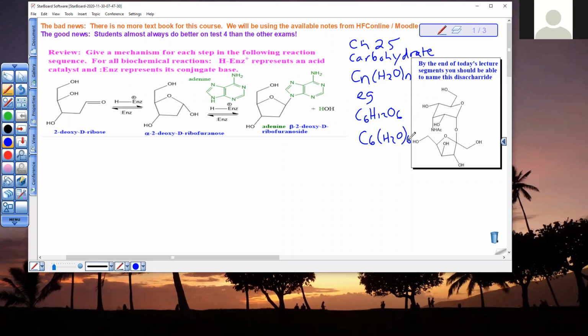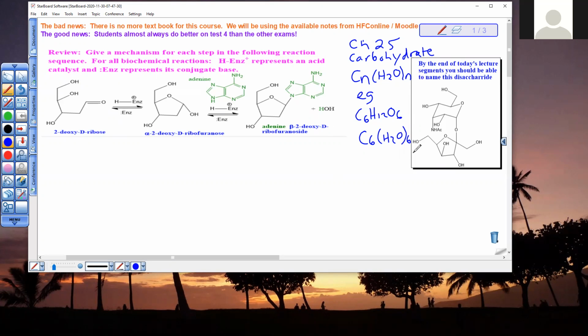It has nothing to do with the chemistry of hydrates of carbon. You've studied hydrates in inorganic chemistry, and they are molecules that can easily lose their water, and carbohydrates don't like doing that typically, although you can make them lose water. In fact, we're going to make this lose water when it condenses with adenine here in a review reaction.